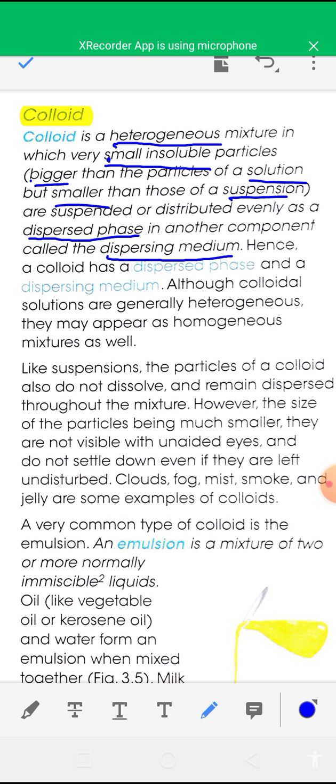Hence, a colloid has dispersed phase and dispersion medium. Although colloidal solutions are generally heterogeneous, they may appear as homogeneous mixture as well. Okay.